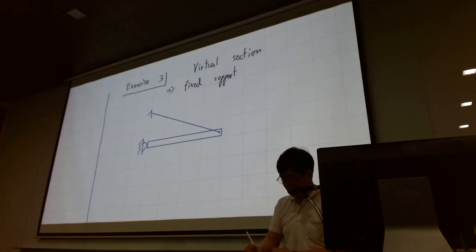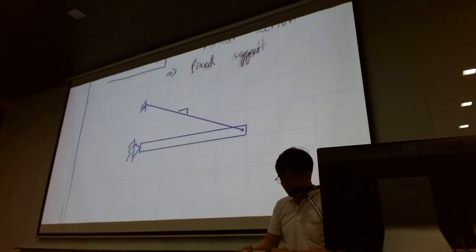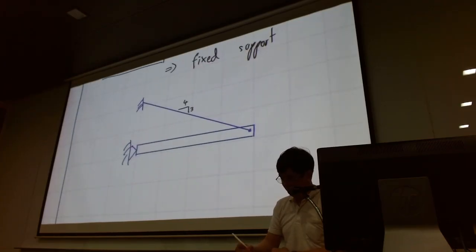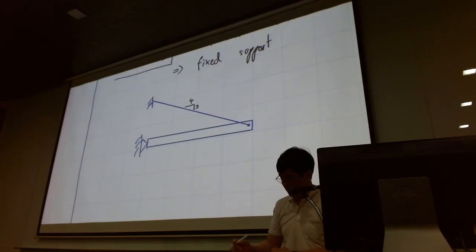This is going to be the cable. And with the cable, I will give the dimension 3, 4. And I will have this right here, 400 Newton.